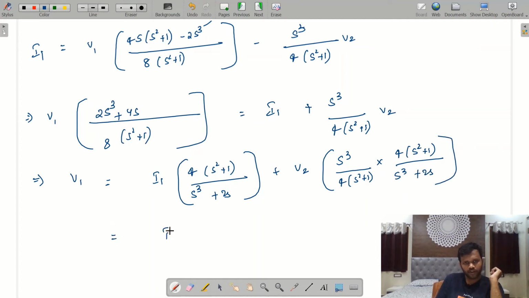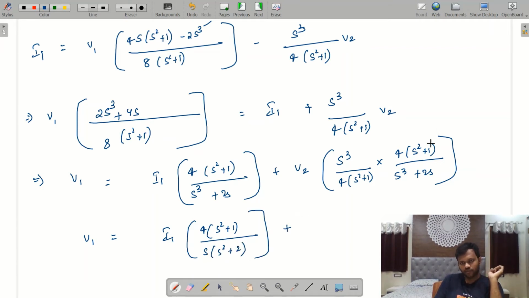So which will be equal to I1 into 4 into S square plus 1 divided by S into S square plus 2, plus V2 into S square by S square plus 2, as 4 into S square plus 1 cancels. Okay, so this is my equation 5.